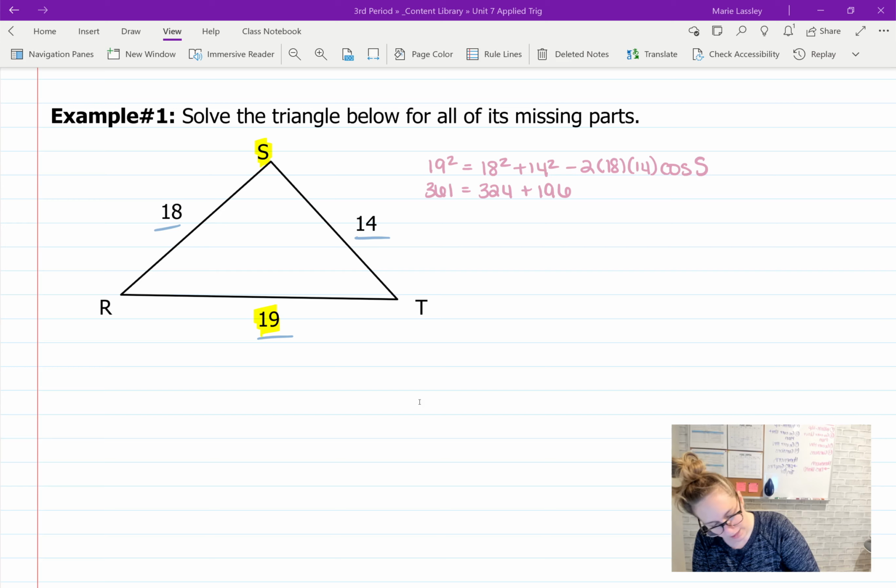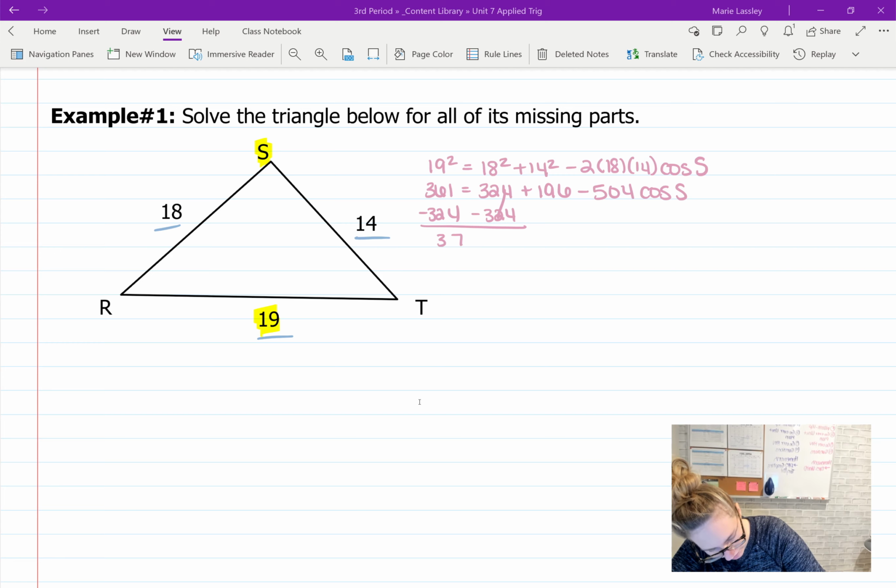And then negative 2 times 18 times 14, so it's going to be minus 504 cosine of S. So subtract 324. We have 361 minus 324. That's going to give us 37. So 37 equals 196 minus 504 cosine of S.